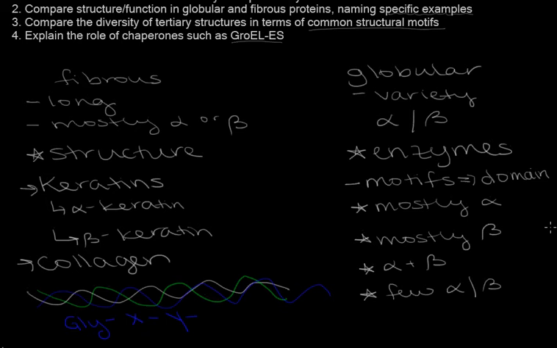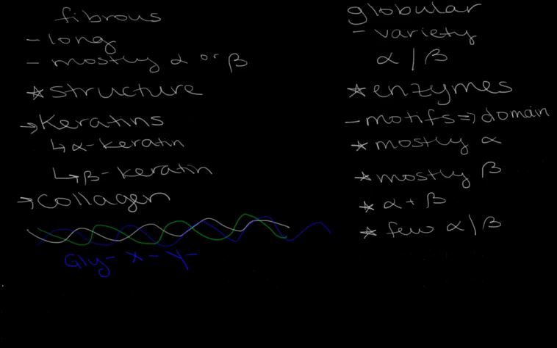So one of the common domains that you're going to see is the Rossmann fold. This is found a lot in dehydrogenases. R-O-S-S-M-A-N, just one N. It's the Rossmann fold.